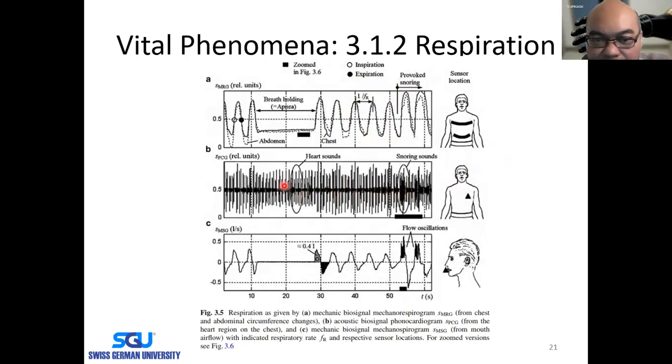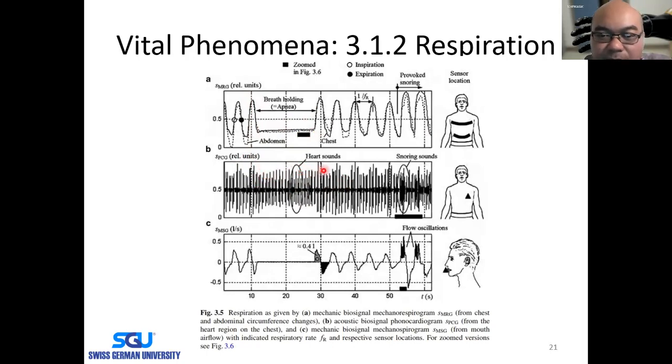So here is the heart sound, but the peak of the envelope represents the respiratory sound. Here we can see this peak during the inspiration. This is when it is holding breath, the envelope is relatively flat.